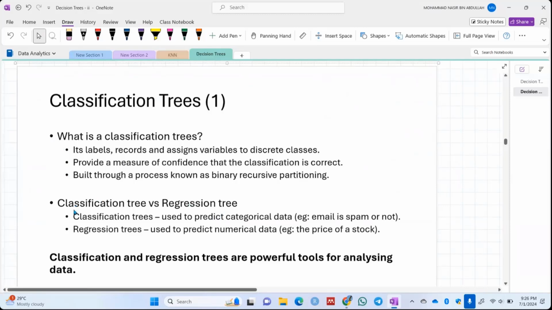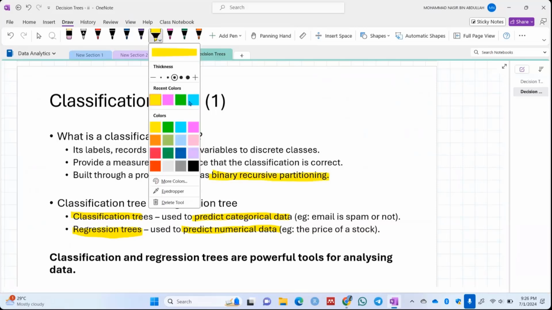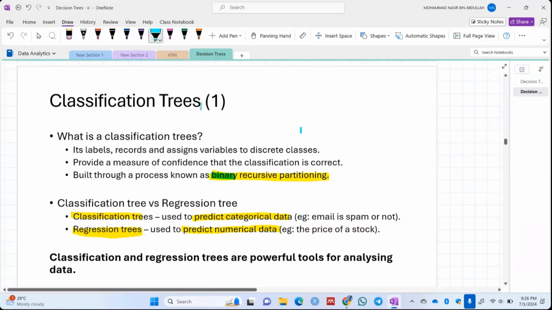Just now we looked at prediction on numerical data, that is regression trees. For classification trees, we want to predict categorical data. It is built through a process known as binary recursive partitioning. This is an important term.